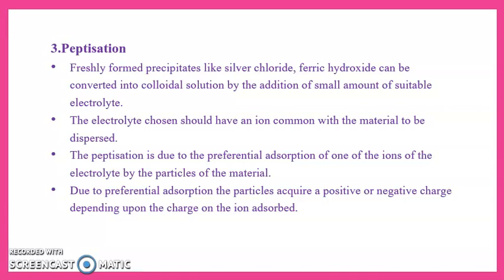Then what will happen? The ferric hydroxide particles will adsorb the Fe3+ ion on the surface. Then there will be a layer of Fe3+ ions around the ferric hydroxide particle. So there will be a positively charged layer.